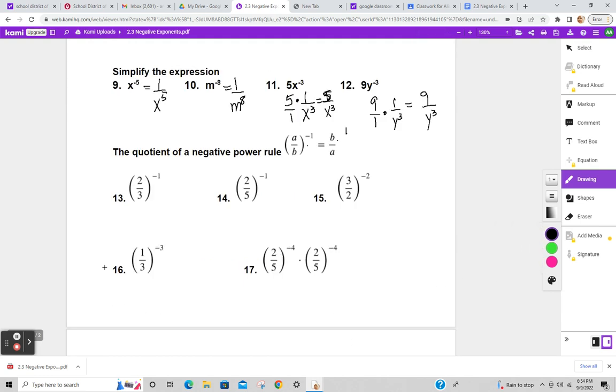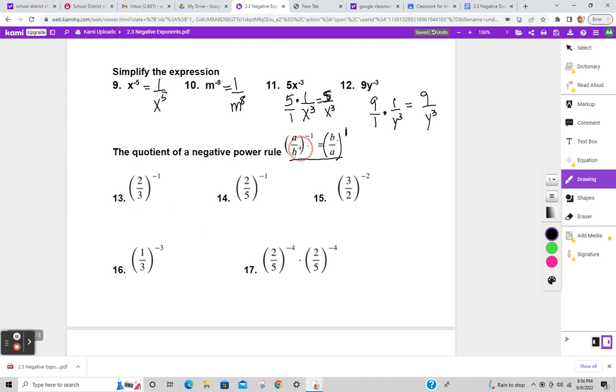Okay, so in the next set of problems, we are going to use this rule right here to simplify these questions. Anything in this form, a over b raised to the negative power, becomes b over a raised to the first power.